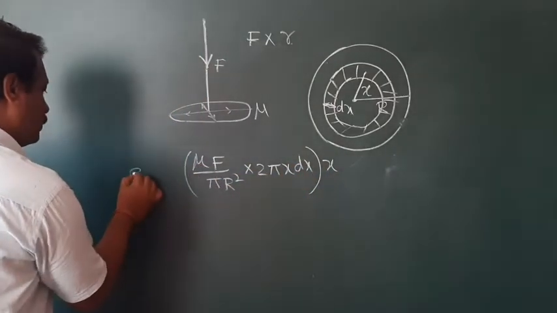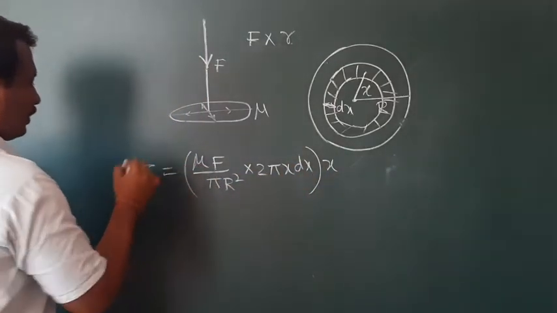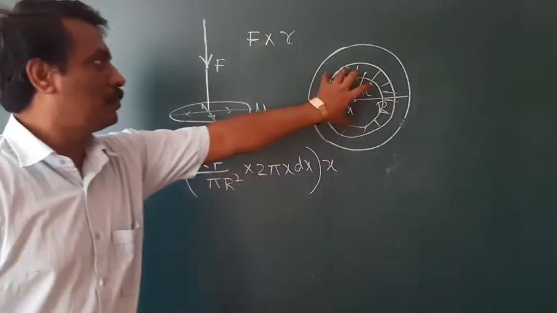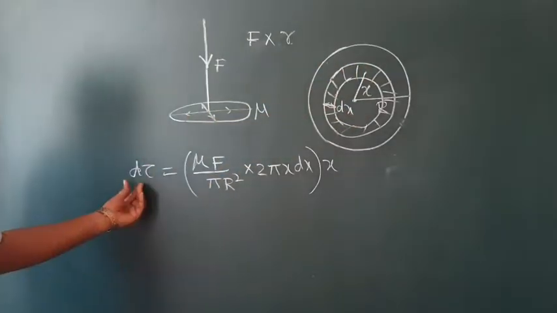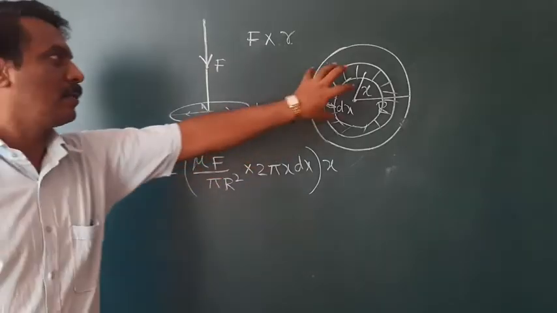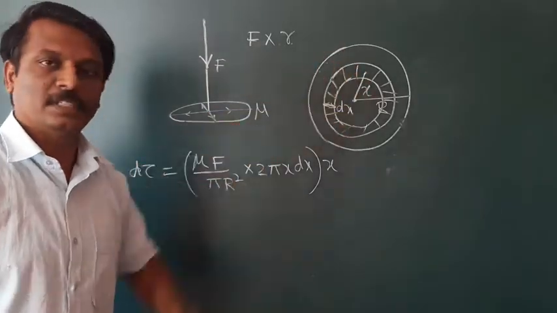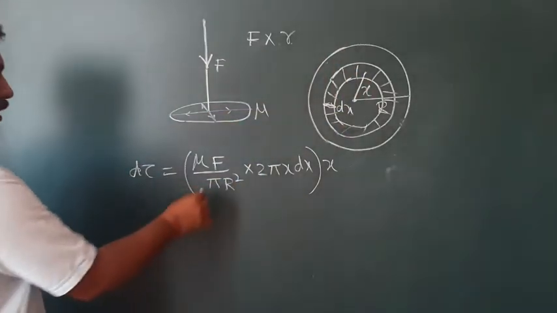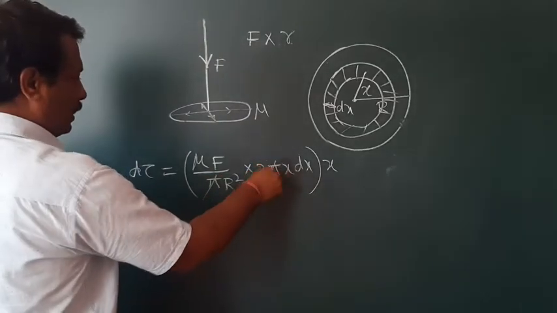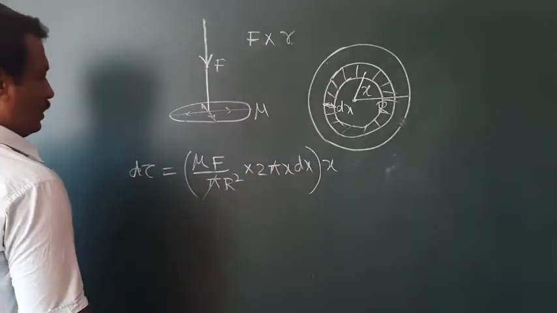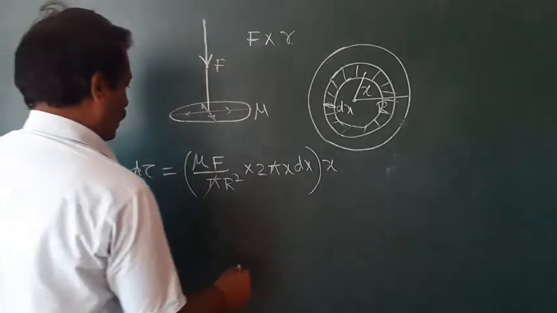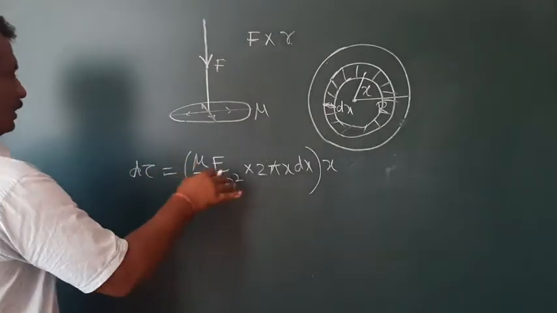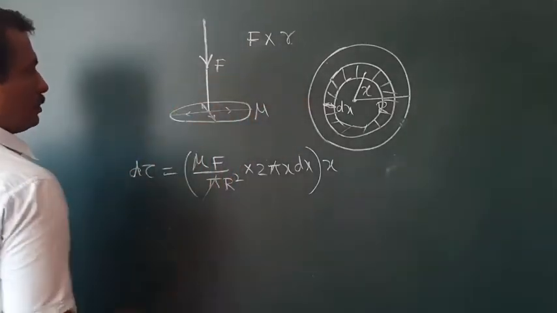So this gives you the torque acting on this small strip. D tau is the torque acting on the small portion of this mop. Okay. Now here this pi gets cancelled. Then this is the torque acting on for a small strip.